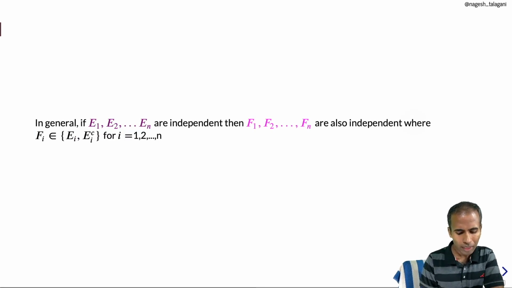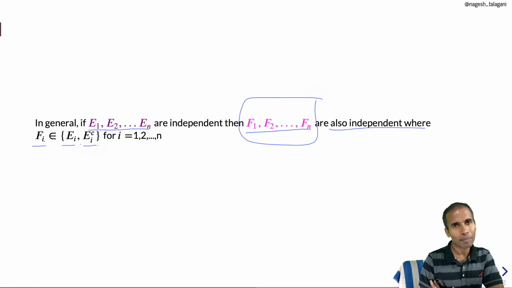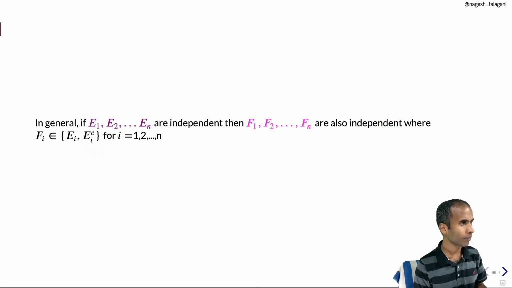In general, if E1, E2, so on, En are independent, then F1, F2, so on, Fn are also independent, where each Fi is either Ei or Ei complement. Whatever way I make F1, F2, Fn, keeping each Fi either Ei or Ei complement, all those events will again be independent.